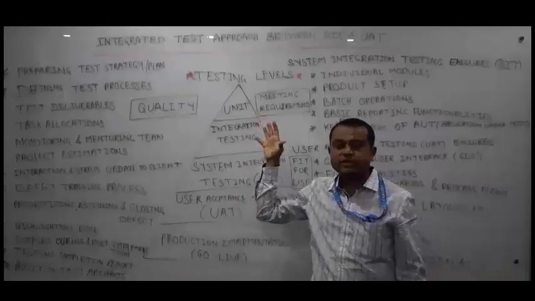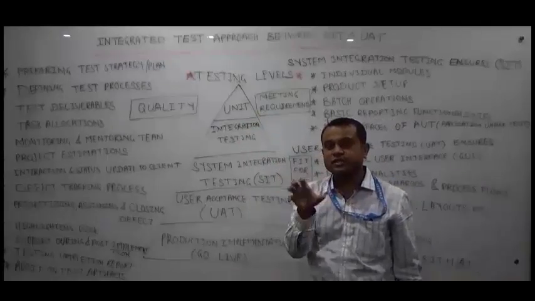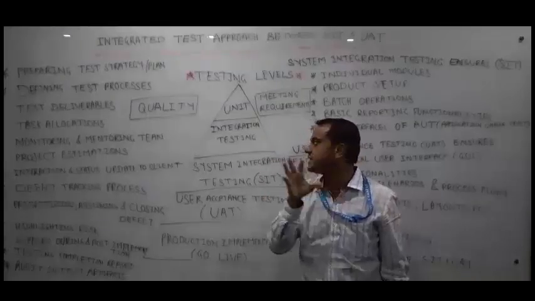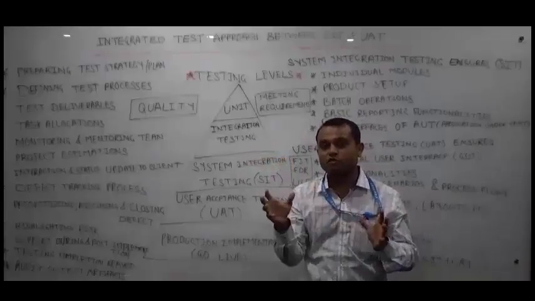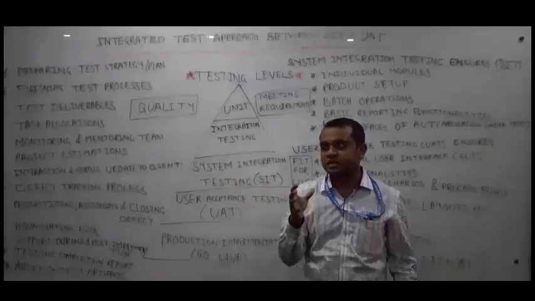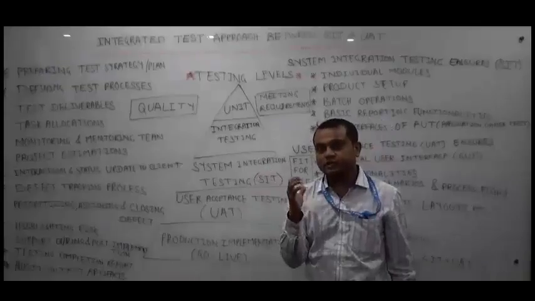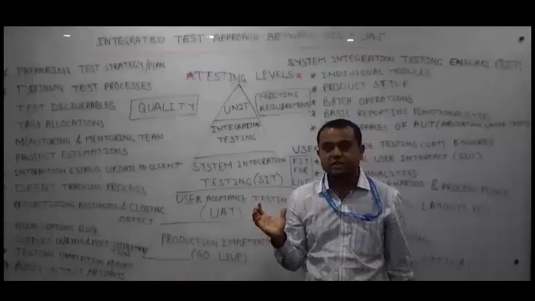In unit testing, a smaller module or component is tested individually, generally by the developer. Integration testing is the combination of one or two modules, where we integrate the modules and check the interfaces, so it's called integration testing.